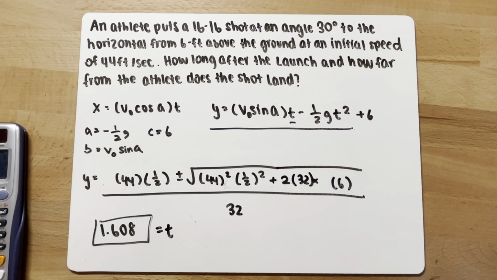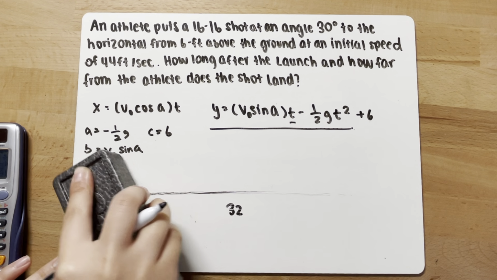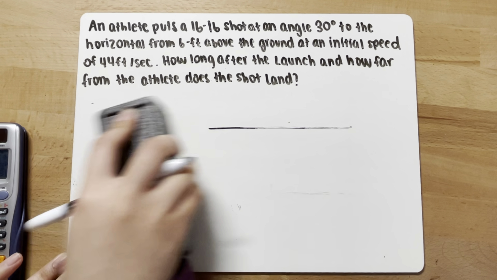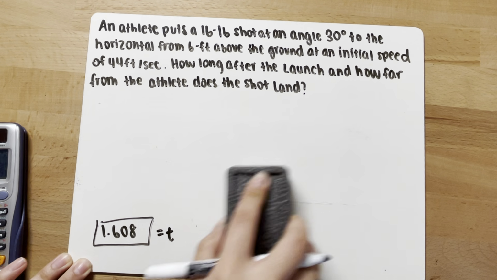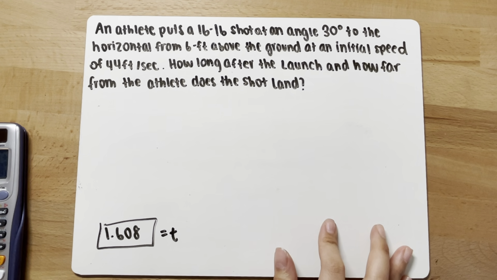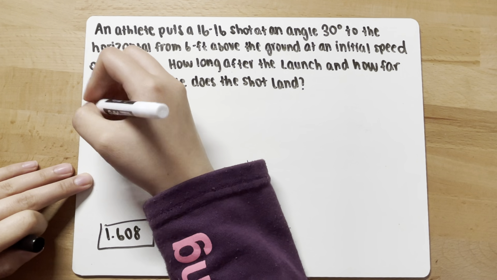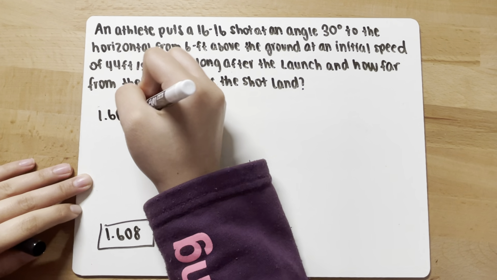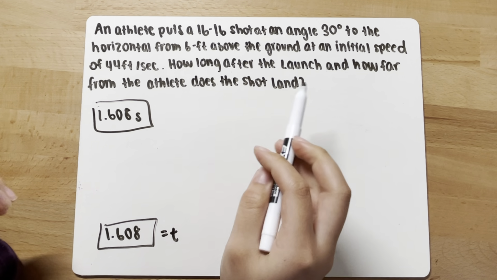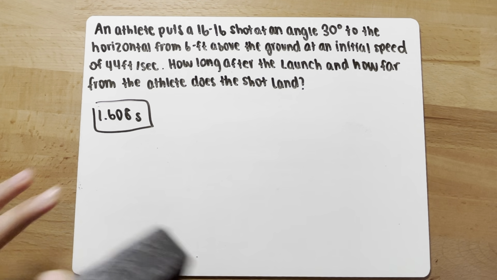Now that you know how long it took for the shot to land, 1.608, we want to find how far from the athlete the shot lands.